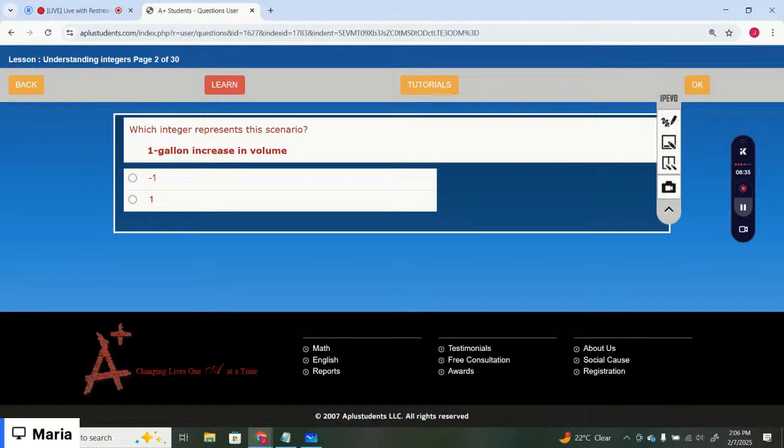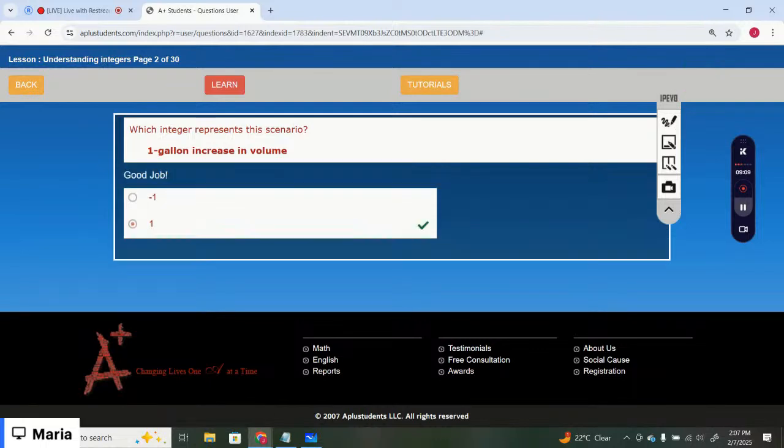Which integer represents the scenario? 1 gallon increase in volume. That is an increase, so it would be represented by the positive number.